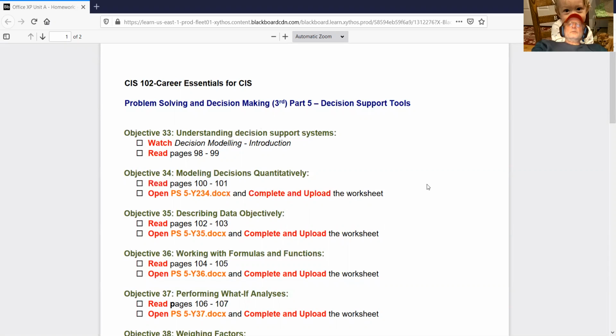So Objective 34, we'll be talking about quantitative data. Now, what do we mean by data? Again, most people think data is numbers. Well, that is typically what we refer to as data. However, data can be other things like demographic information, okay, race, gender, creed, everything else.